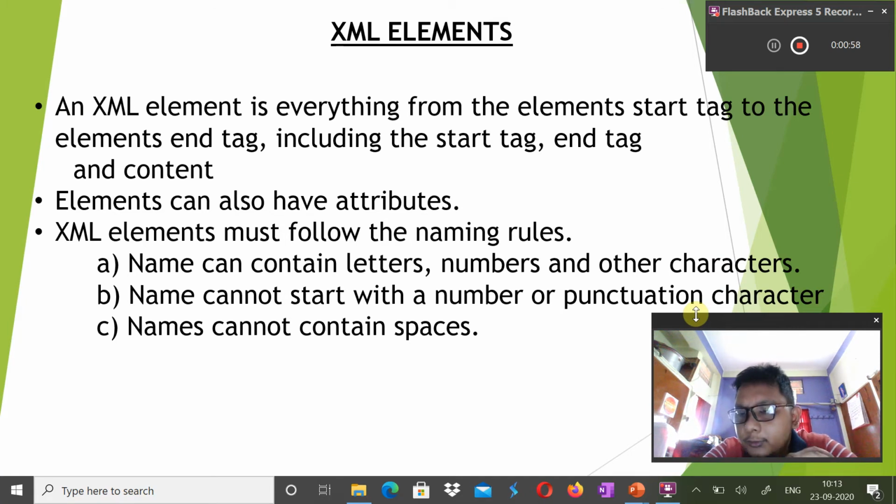As we all know, XML is basically another markup language like HTML. XML stands for Extensible Markup Language.